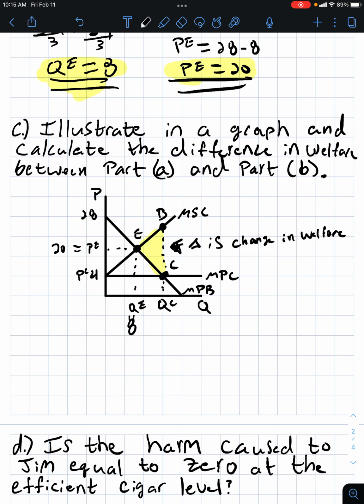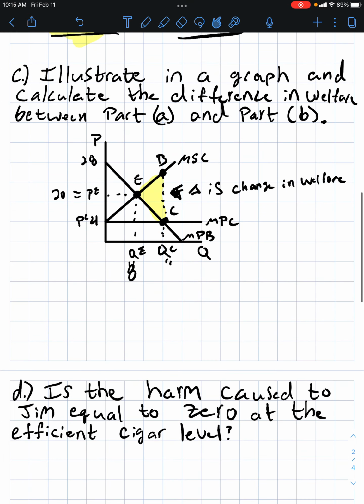So QC is 24 and QE is 8. To calculate the change in welfare, you're just finding the area of that triangle.